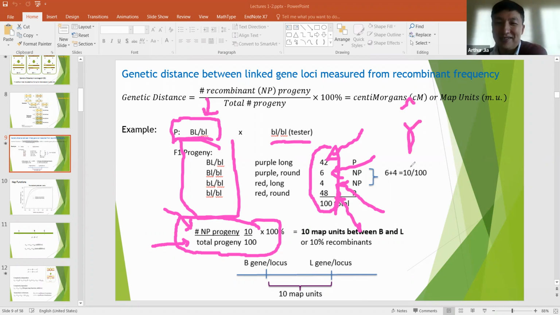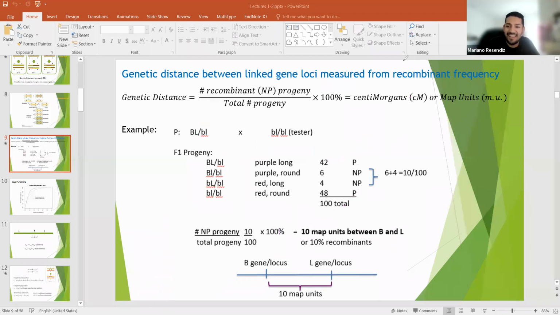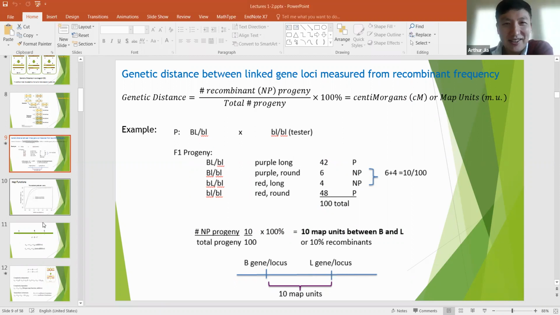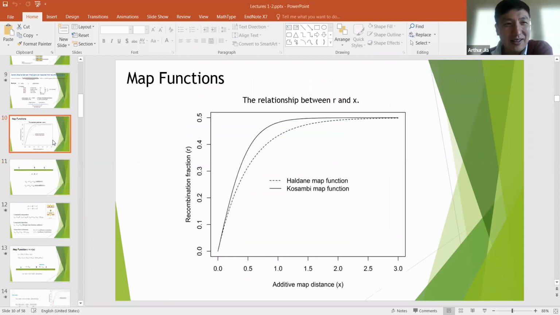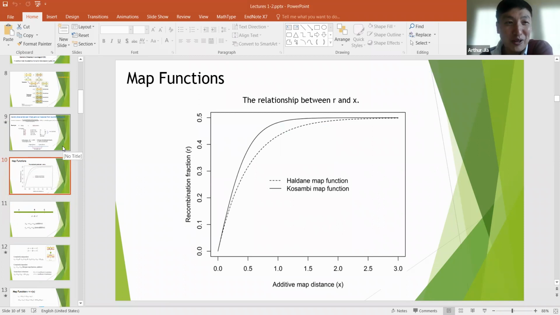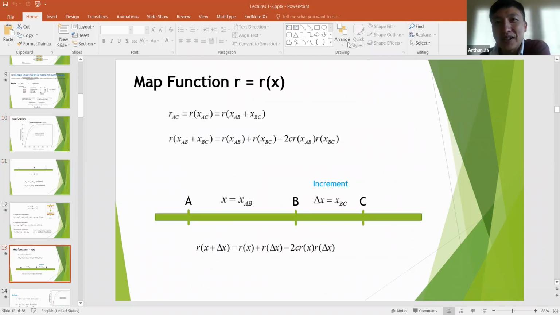Yes. Now, if you use Haldane's on this, because I did Haldane's on this data and I got a funny number. Show me how you use Haldane to get funny numbers. I can let you share.